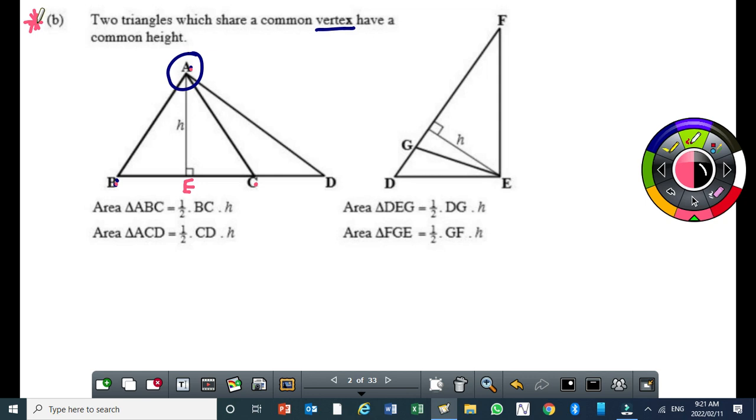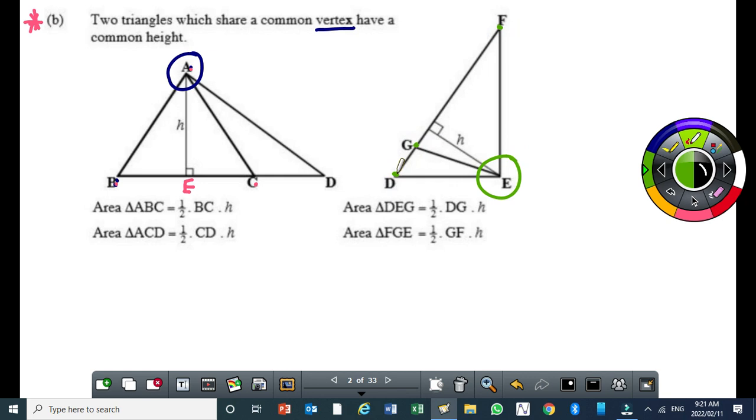Right, then if you've got this triangle as well, first thing, remember, you choose your base first. So this is now an upside down triangle, if you want to say it that way. We call it DEF. Then you also have EFG. They share a common vertex here. Since they share a common vertex and the points along their bases are collinear, it therefore means that they have a common height.